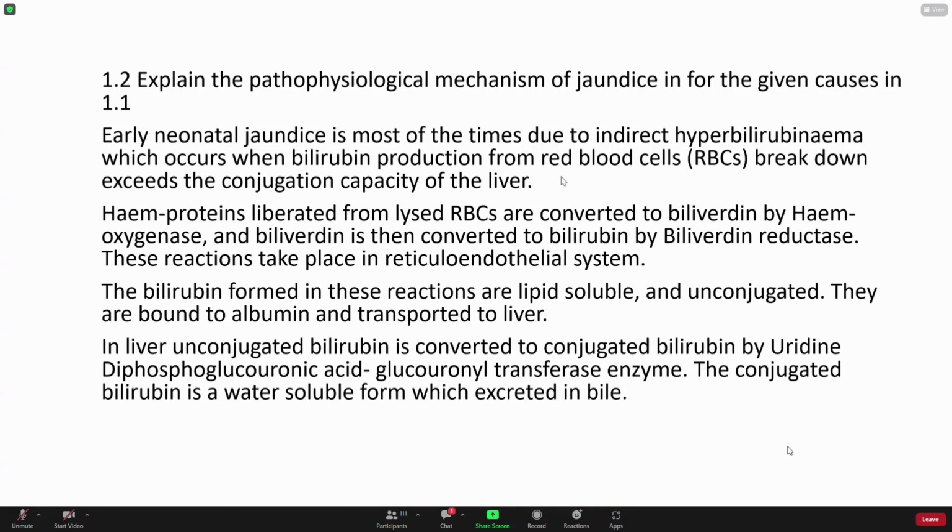So these are called topic sentences, right? When you write about something, this is called a topic sentence. The topic sentence gives the examiner an overall idea of what you're going to write. So early neonatal jaundice is most of the time due to indirect hyperbilirubinemia, which occurs when bilirubin production from red cell breakdown exceeds the conjugation capacity of the liver.